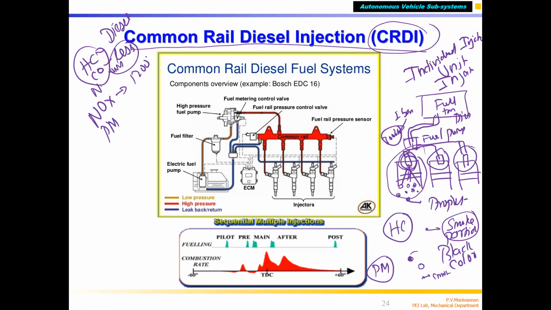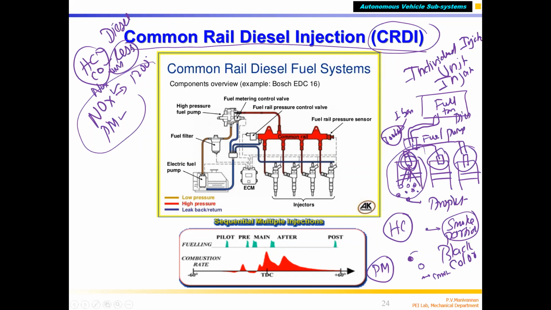NOx formation happens when you are running a very lean engine. In a diesel engine, NOx is the main problem, HC and CO will be very less, though of course you will get particulate matter. NOx and particulate matter are the main problems in a diesel engine. In a petrol engine, HC, CO and NOx: HC and CO are the main ones, NOx is also there.